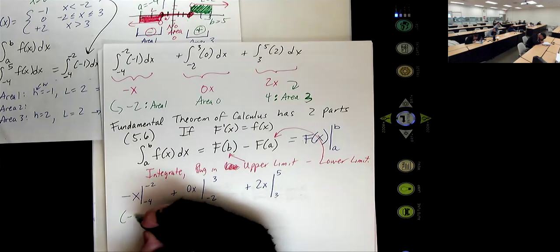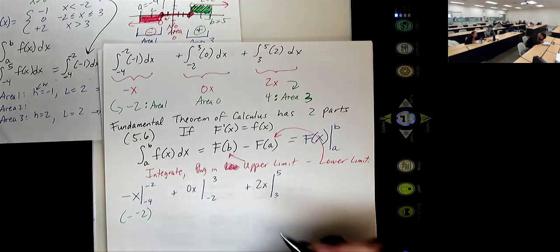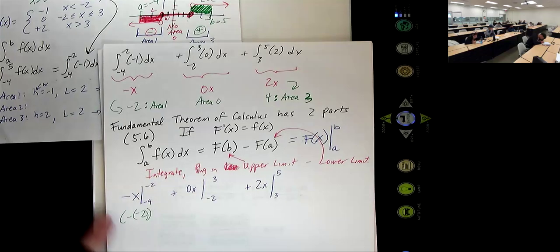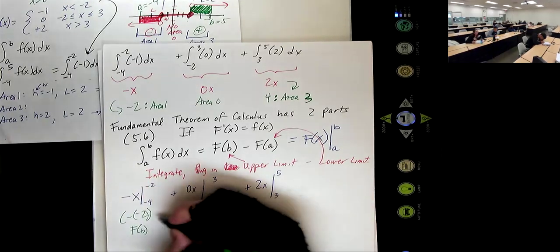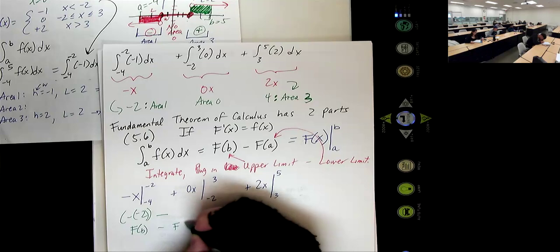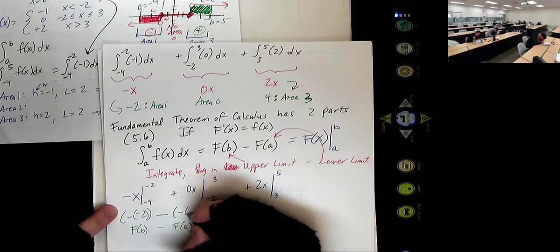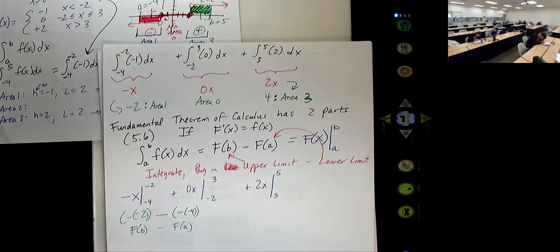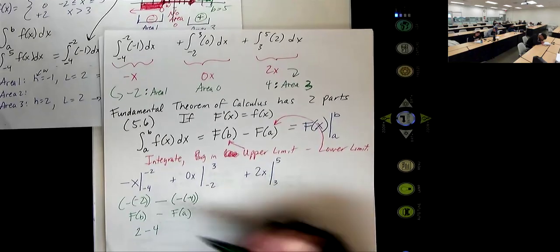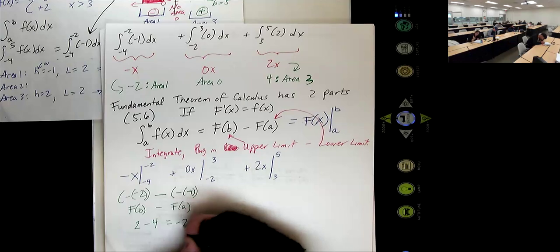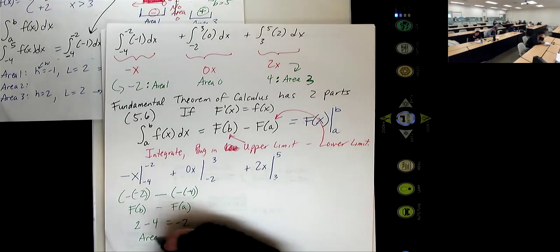That's negative x with -2 plugged in, this is my F of b, minus F of a, which is -4 plugged in. Notice this gets us 2 minus 4, which is -2, exactly what we wanted for the area of 1.